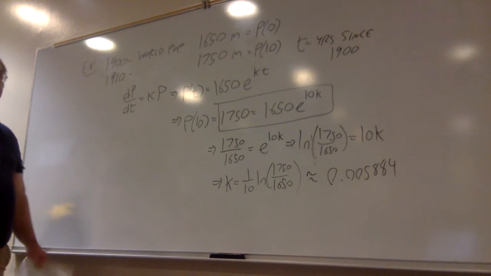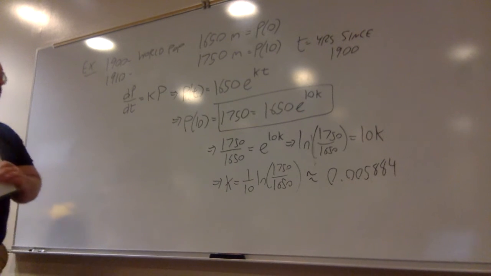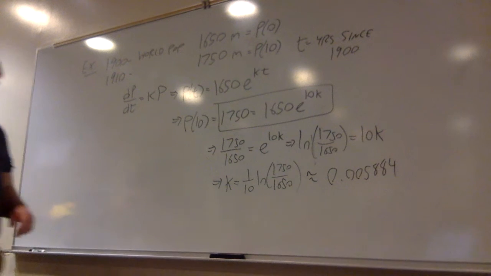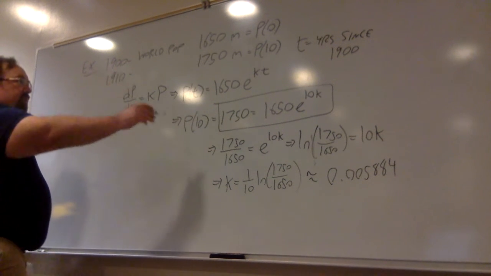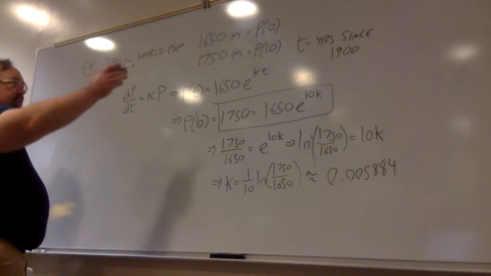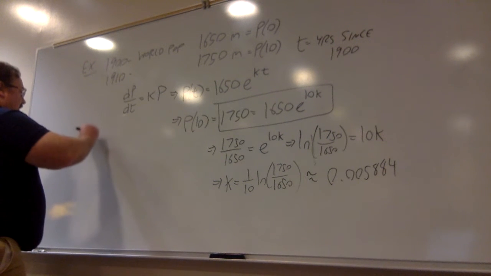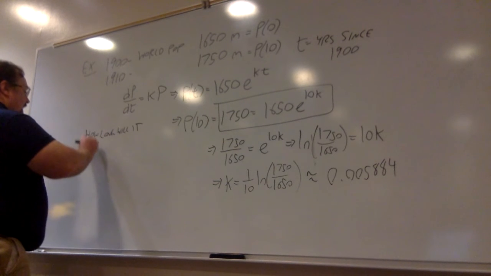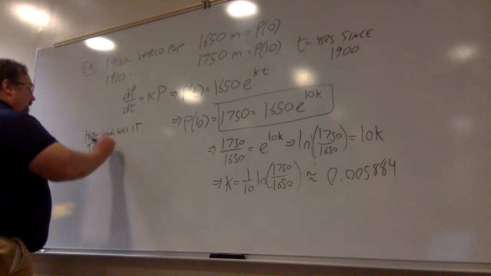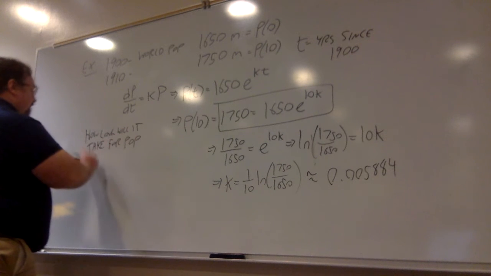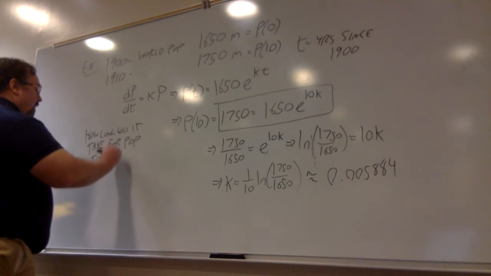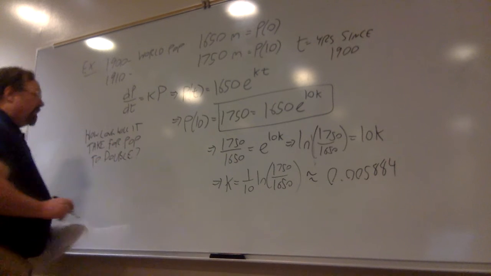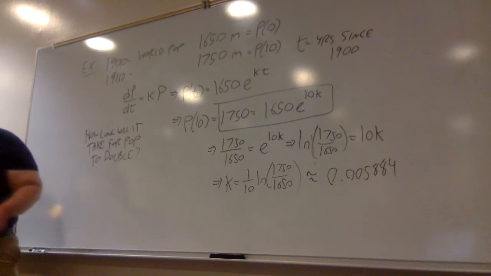So now when you have k, you can try to answer other questions about population using this model. So one question you might answer is, based on this rate of growth that we see between 1900 and 1910, how long will it take for the population to double from its 1900 level?